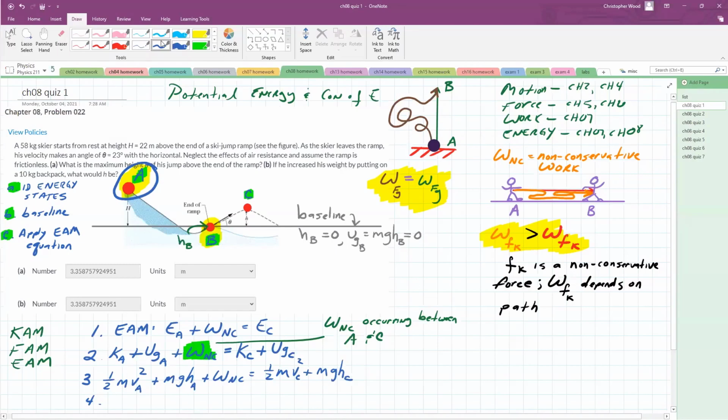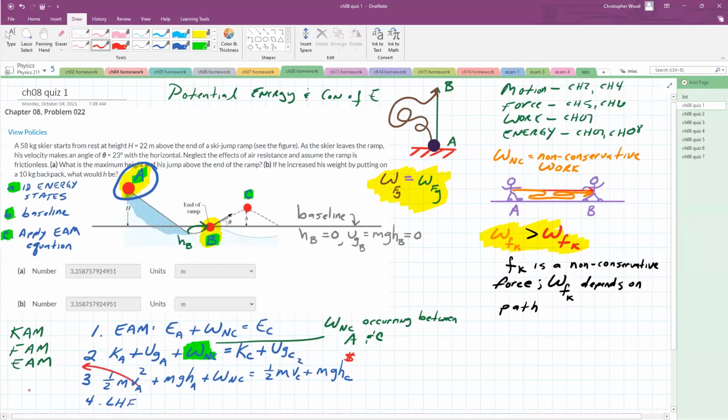So now, after you do this initial setup of the energy equation, let's talk about the low-hanging fruit. The skier is starting from rest. So you know what? This whole term equals 0, starts from rest because of the description.